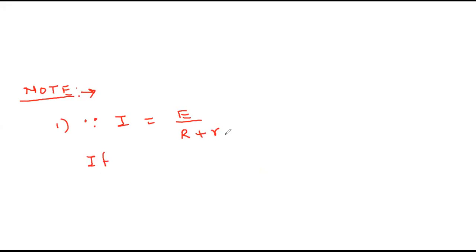One small note we'll write, then we'll see cells connected in series and parallel. Since I equals E upon R plus r, if its internal resistance r is 0, then can I say I will be maximum?